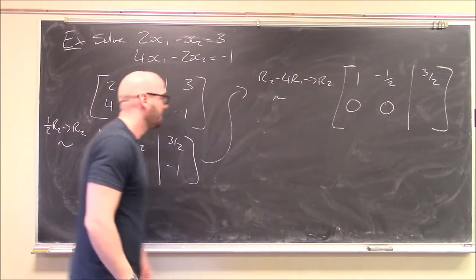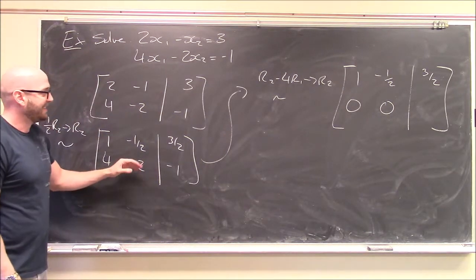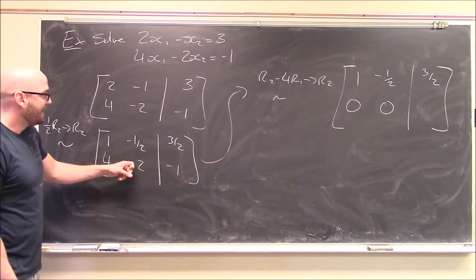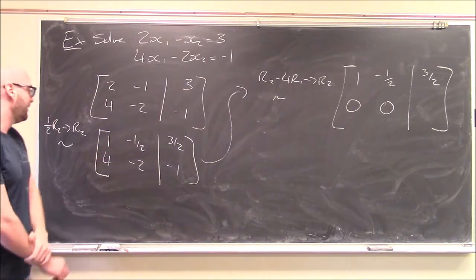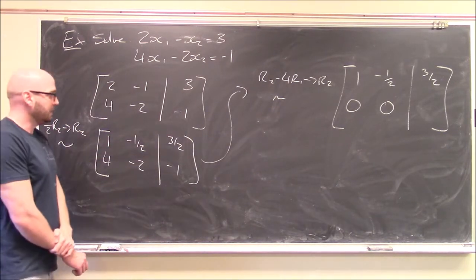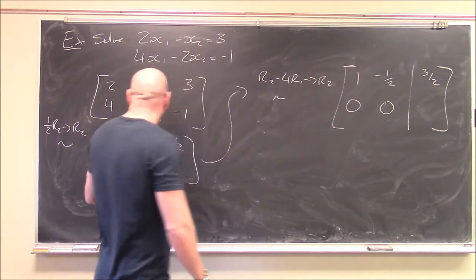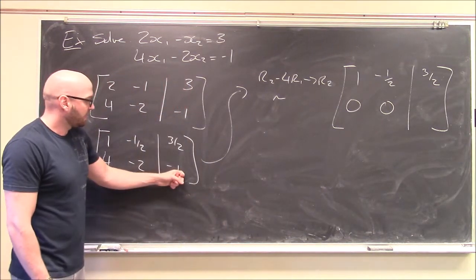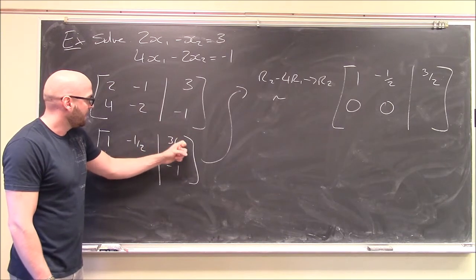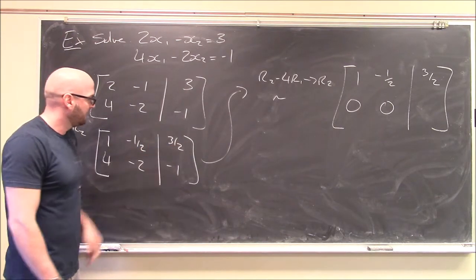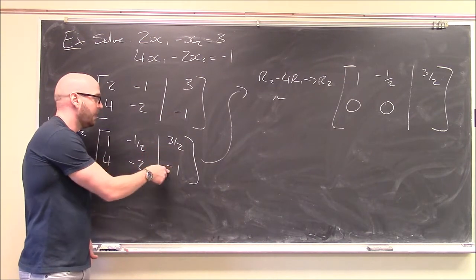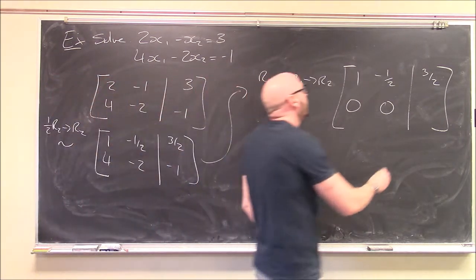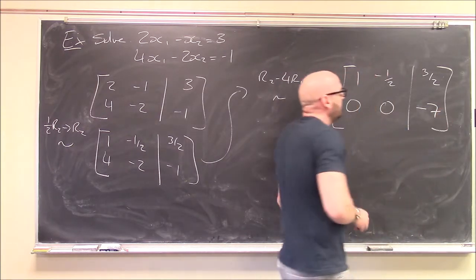Again, a lot of negatives there, but yeah, it's minus 2 minus 4 times minus 1/2 becomes minus 2 plus 2 is 0. And then last but not least, I've got minus 1 minus 4 times 3/2. 4 times 3/2 is 6, so minus 1 minus 6 is minus 7.